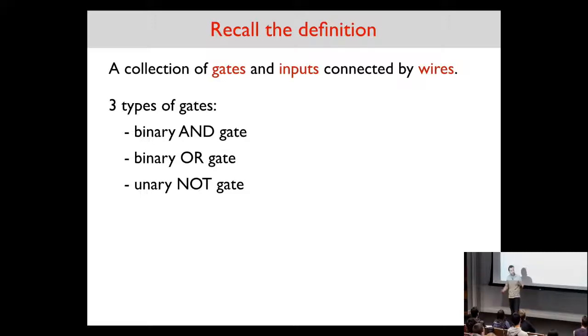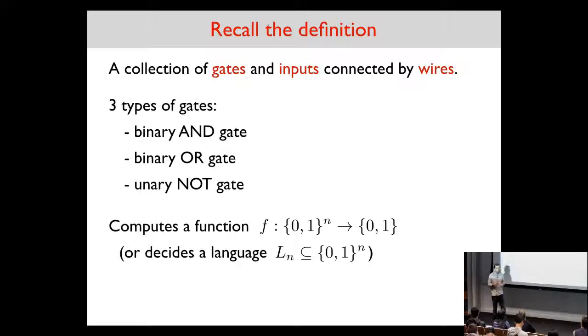Binary AND takes 2 inputs, binary OR takes 2 inputs, unary NOT takes 1 input. So as we said, this naturally computes a function f from {0,1}^n to {0,1}. Or you can say it decides a language L_n, which is a subset of {0,1}^n.